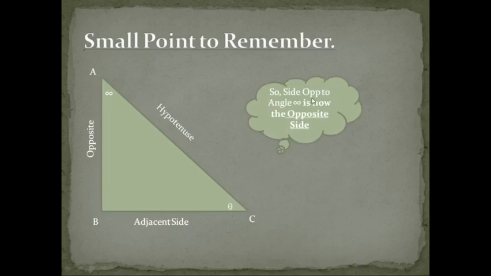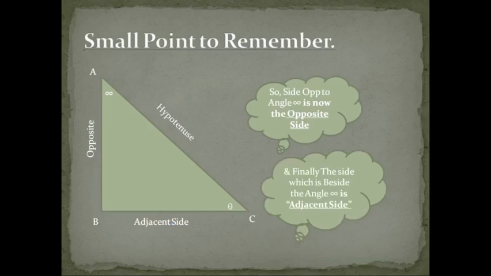The side opposite to angle alpha is now the opposite side and not the adjacent side. Okay, my dear friends? Fine. And one more change. Finally, the side which is beside the angle alpha is called the adjacent side. It has become reversed: the opposite side name has come here, and the adjacent side name has come here. Okay, my dear friends?